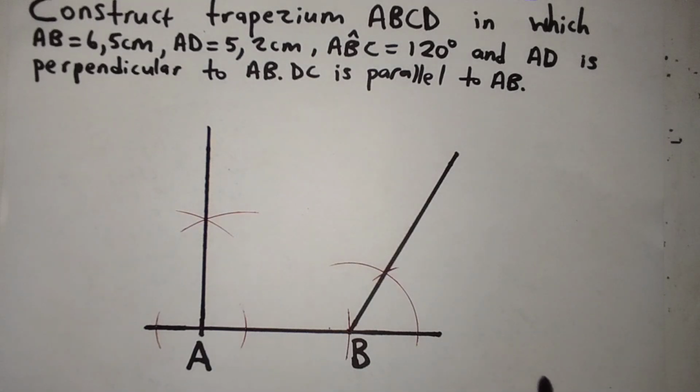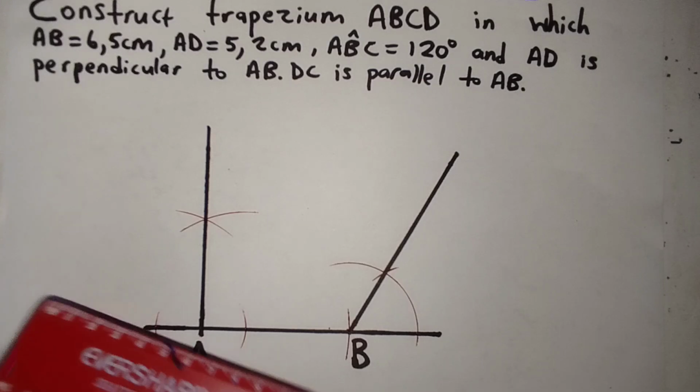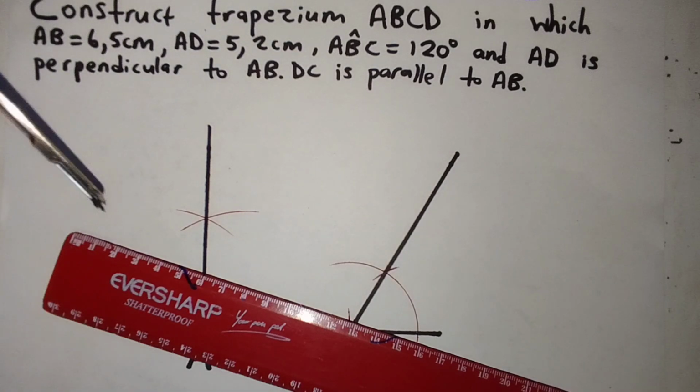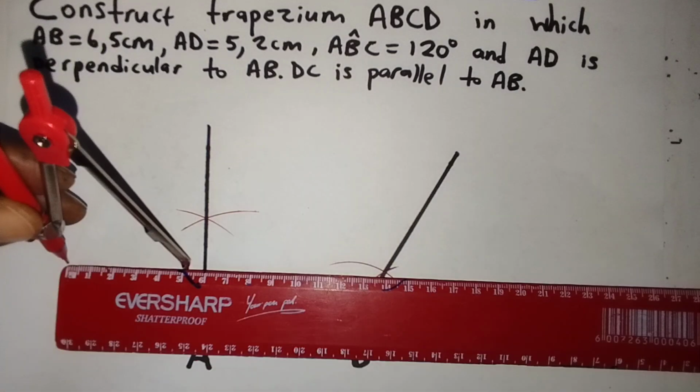So we are told that AD is 5,2 centimeters. So I will measure 5,2 centimeters using a ruler and a pair of compasses. Okay, so that's 5,2 centimeters.